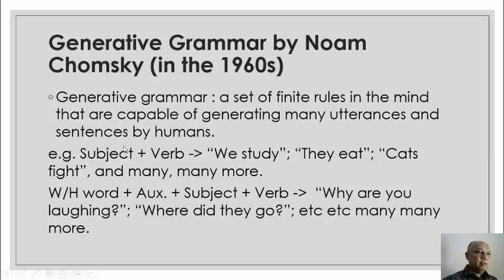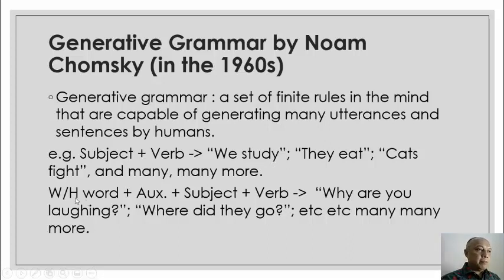So, for example, from this pattern, subject plus verb, we can produce we study, they eat, cats fight, and many more utterances like this. So, just based on this rule, we can produce millions of utterances and sentences like this.